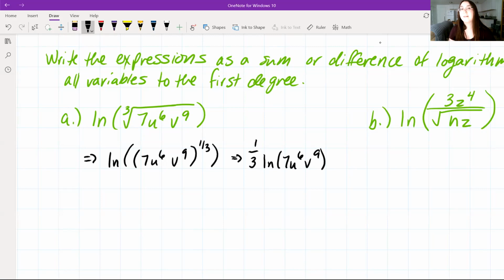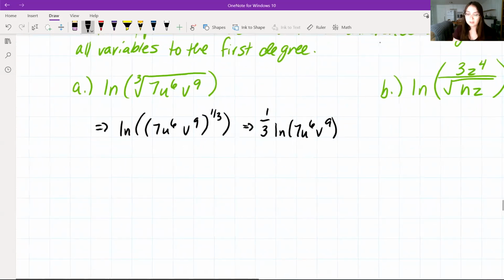They both have exponents, but these exponents are not being applied evenly. So we'll need to separate them before we can separate their exponents. We know we still have our 1/3, so we're going to put that outside of our brackets.